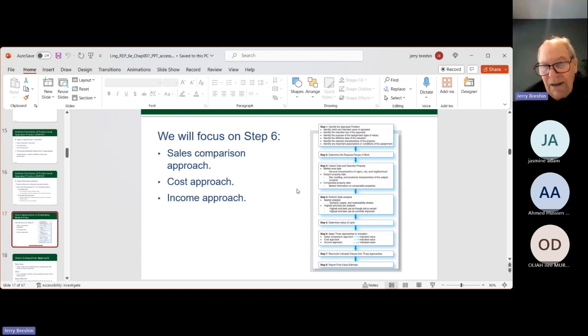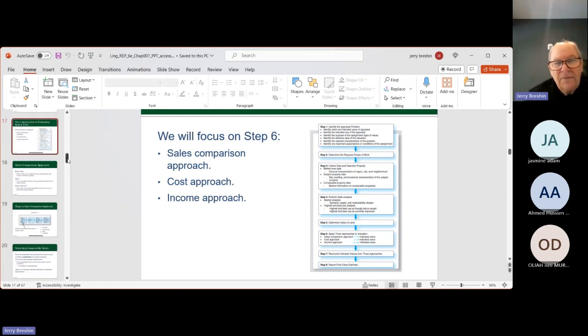This is similar to the process we saw earlier for the appraiser, because it's pretty much doing the same thing. The same approach is needed, but the investment aspect of a property becomes a bit of a challenge. So you see in step 6, apply the 3 approaches and then kind of add them all together.